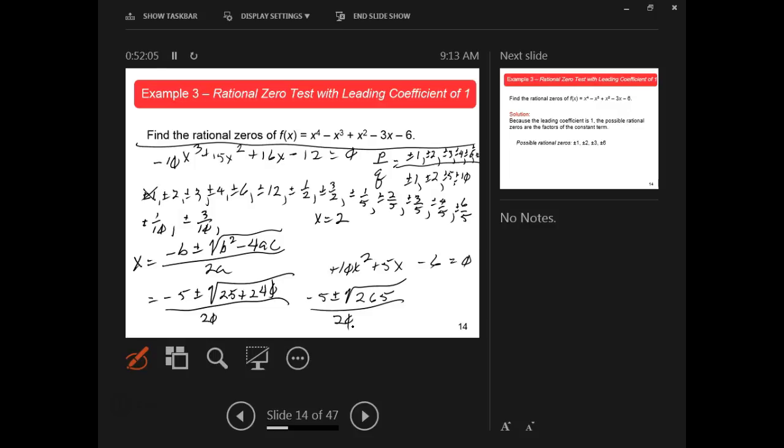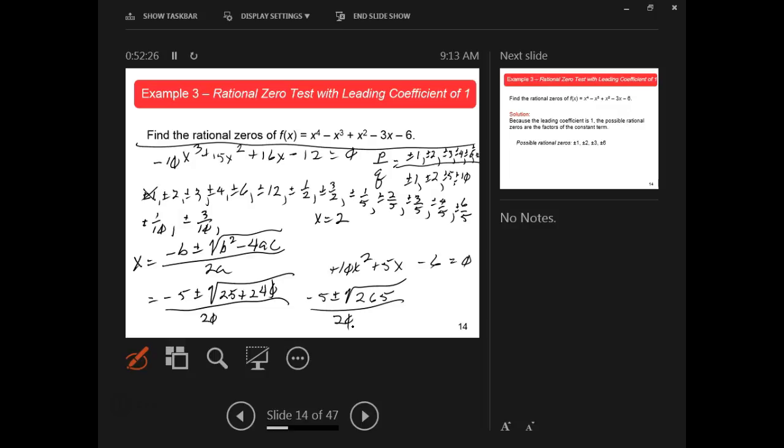These are your last two real zeros. X equal minus 5 plus or minus the square root of 265 divided by 20. Okay? And that's exactly what they got here. They wrote them separately.